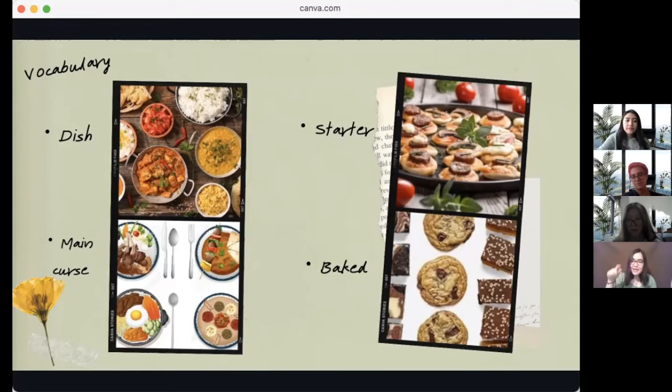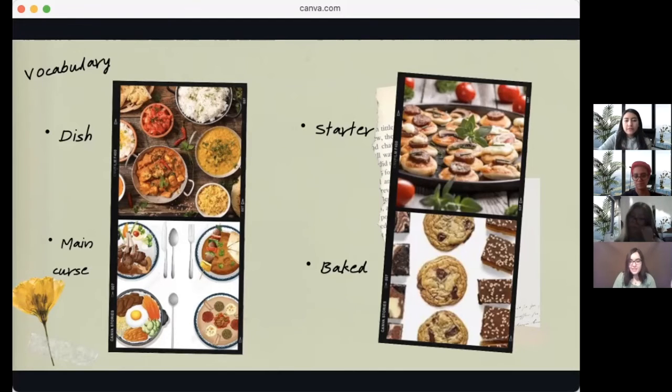Then you say, well, now for eating I want, like, meat with salad. That is the main course. Okay? Like el plato fuerte that we say in Spanish. Exactly. That is the main course.